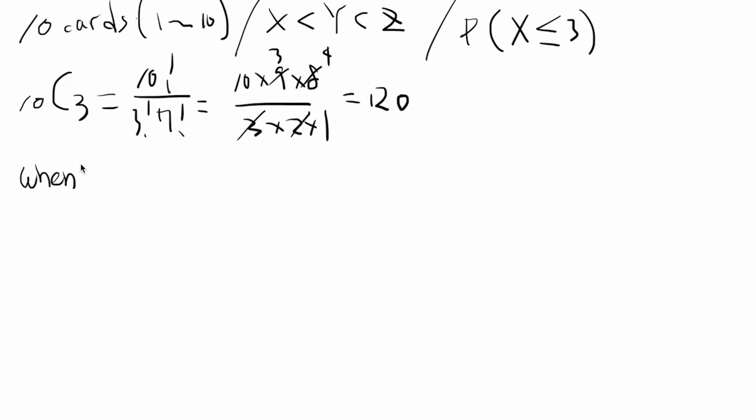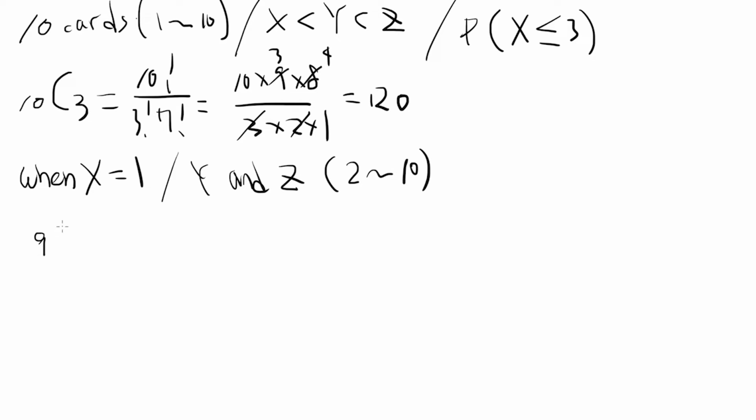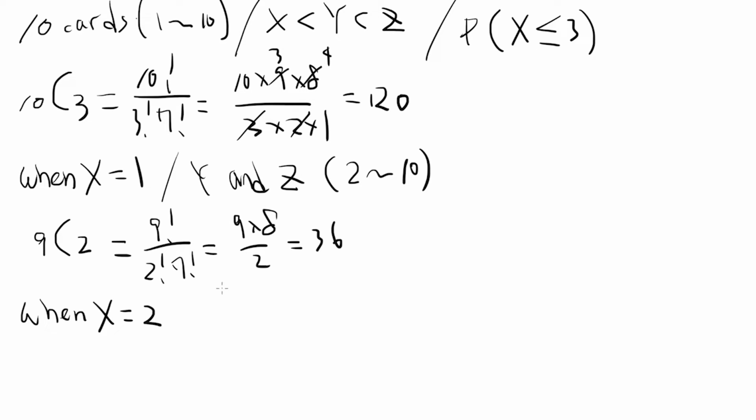120. When x is 1, y and z can be between 2 and 10. So we are choosing 2 out of 9. When x is 2, between 3 and 10, 8 choose 2.